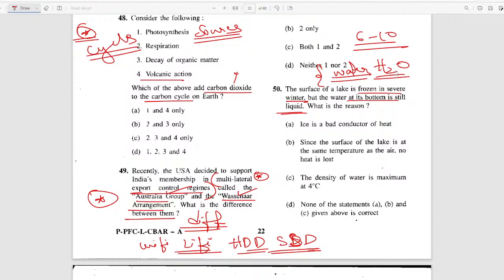Read about the properties of H2O, the bond, why oil doesn't mix in water, and what is the anomalous property of water. Ice is a bad conductor of heat. Since the surface of the lake is at the same temperature as the air, and the density of water is maximum at 4 degrees. Go through these things, go through the properties of water, and go through the basic science textbook.